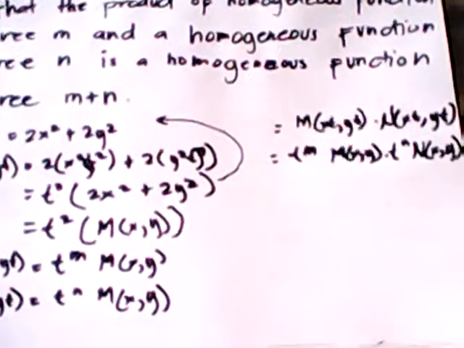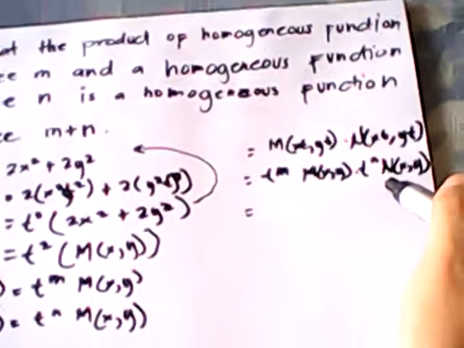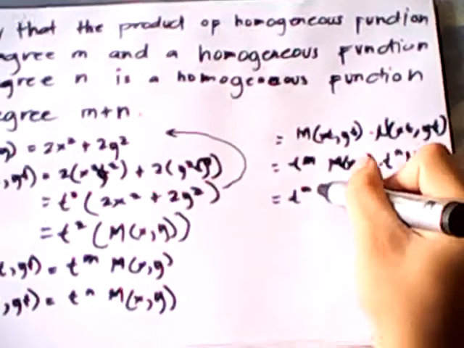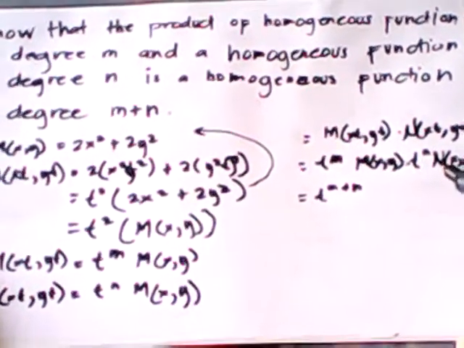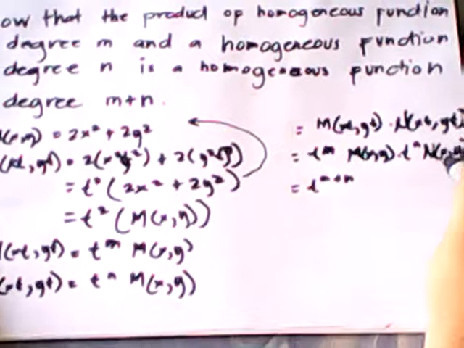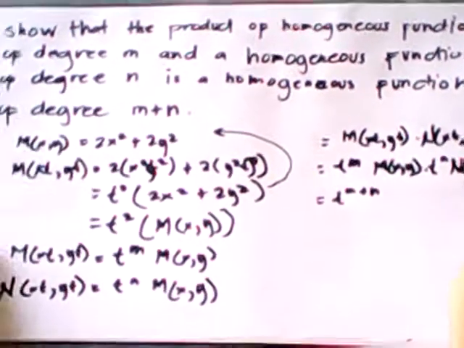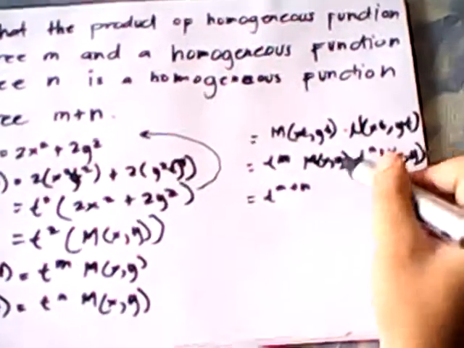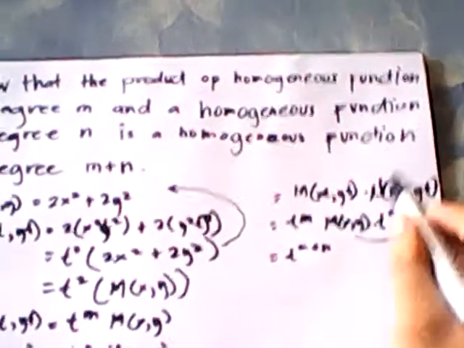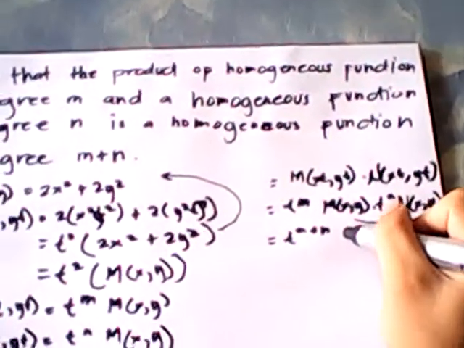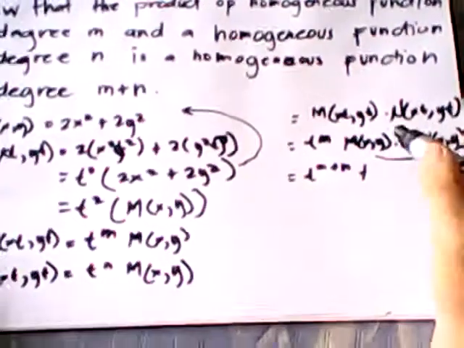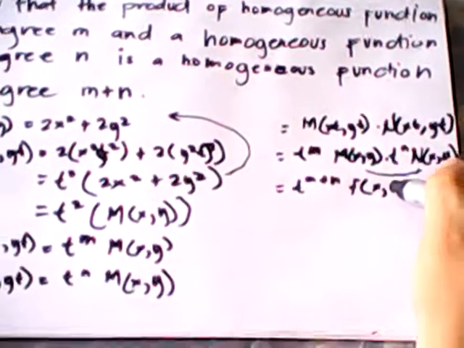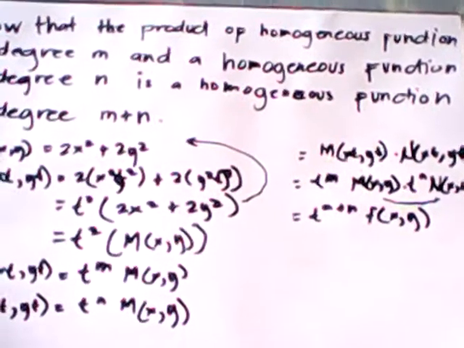By multiplying it, we can get t to the m plus n, and the product of the two functions we can assume is equal to a function f of x and y.